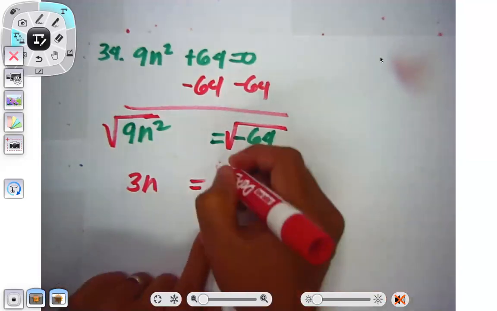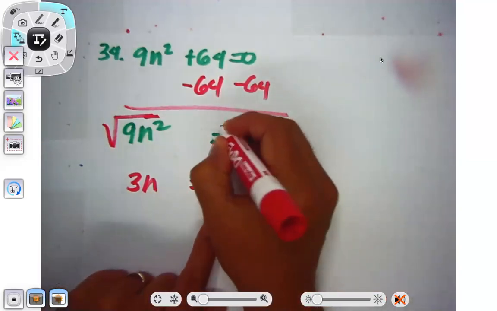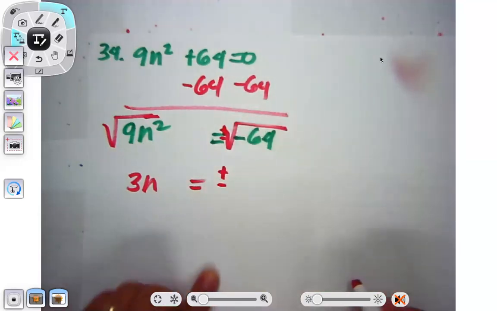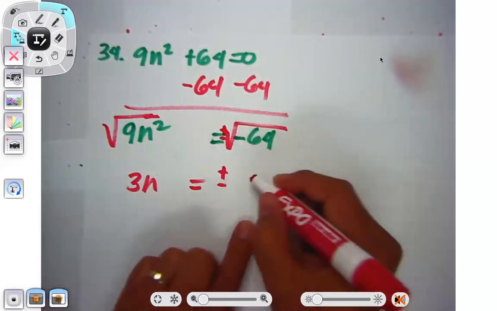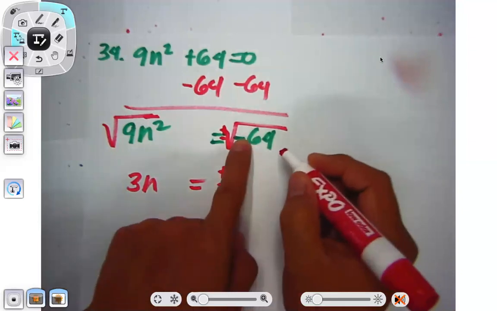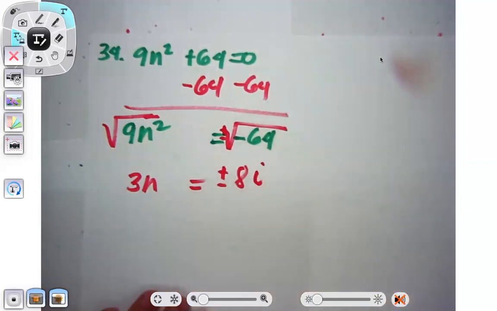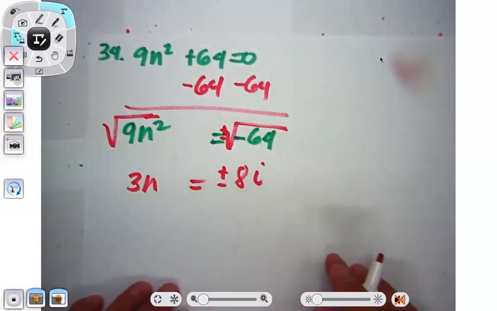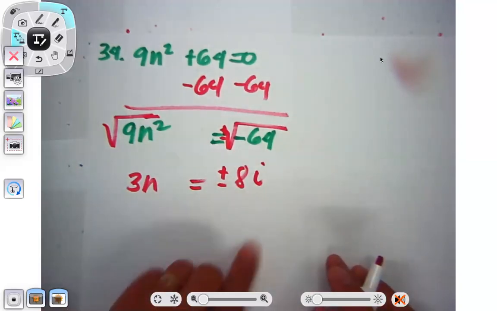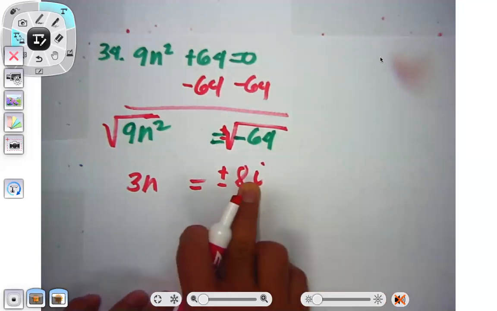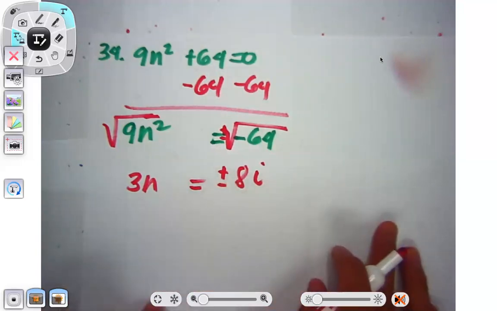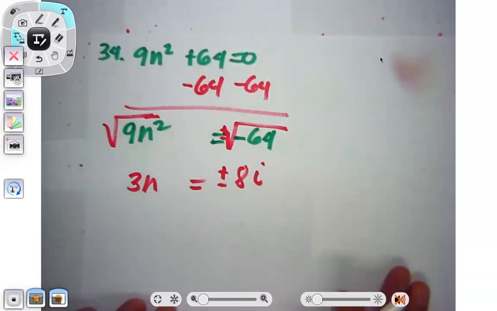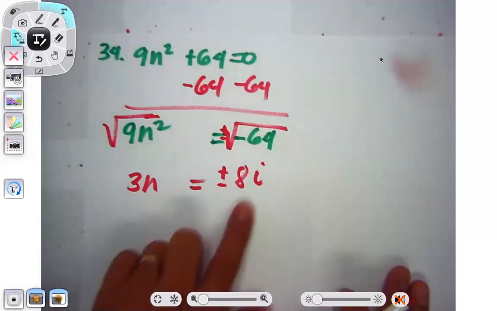And then you have a positive, negative square root of negative 64. 8, but that's negative, so we have to put i, positive, negative 8i. I've shown how we come up with this in the previous examples, but in here, I believe you know why it's now 8i. All right. I hope you understand why it's 8i.